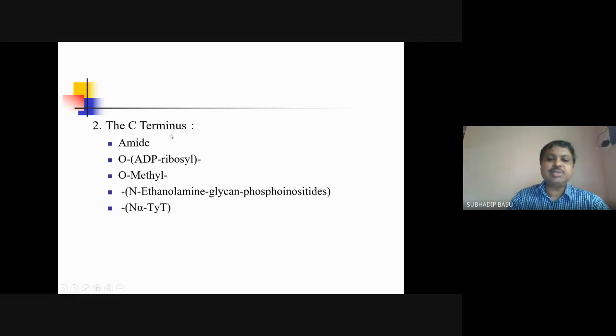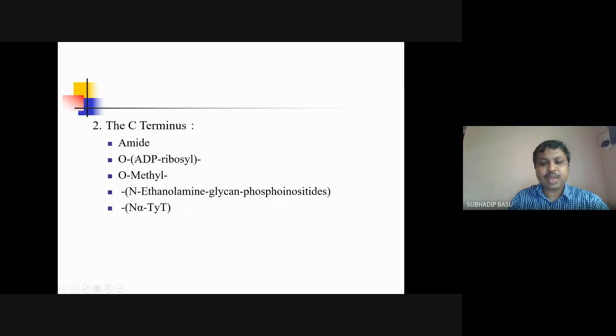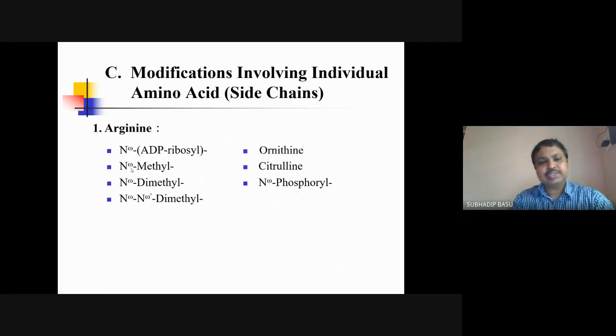Again, in the C terminus, that is the carboxyl terminus, you have amide binding or O-methylation and N-alpha modification. So all these are different types of C terminus modifications that take place. Again, we need not know everything, but maybe we can just keep in mind the examples and remember one or two examples for each category.